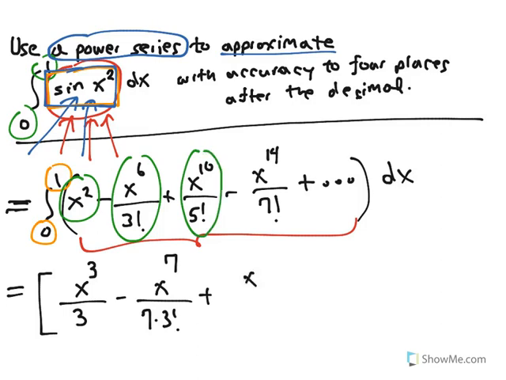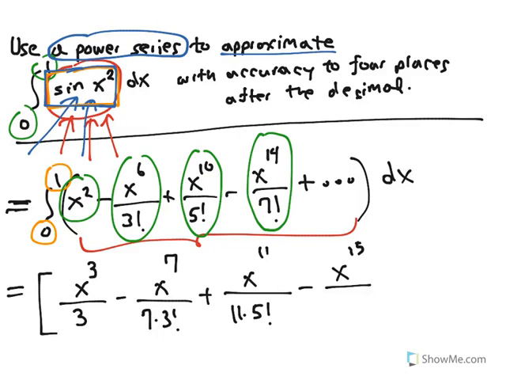So add 1 to the exponent, so you get x to the 11th over 11 times 5 factorial, minus x to the 15th over 15 times 7 factorial, and so on. There are infinitely many terms. So you have an infinite series, which you need to evaluate at 1 and at 0, the upper and lower limits of integration, and subtract.